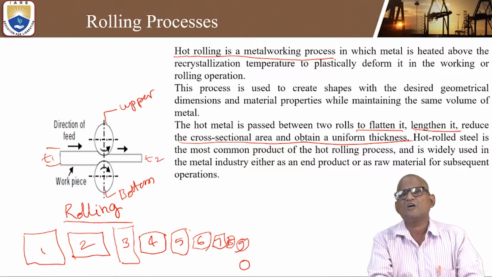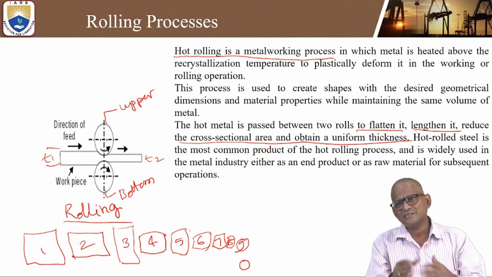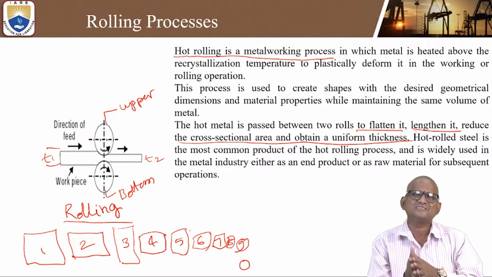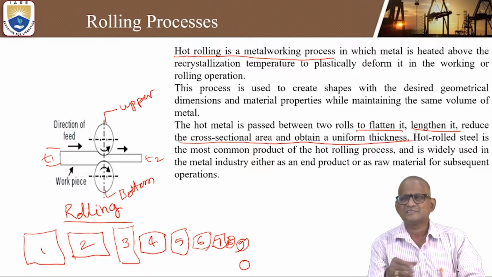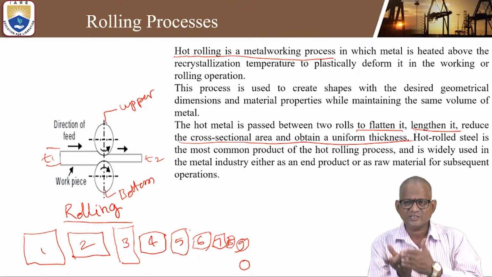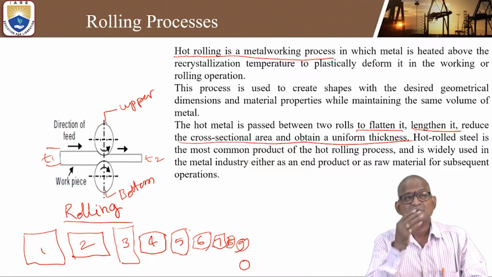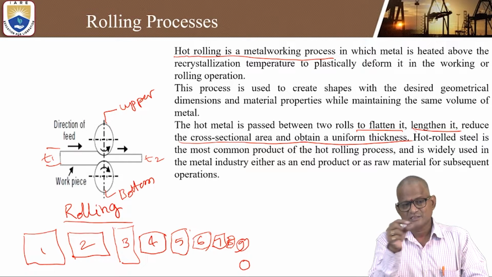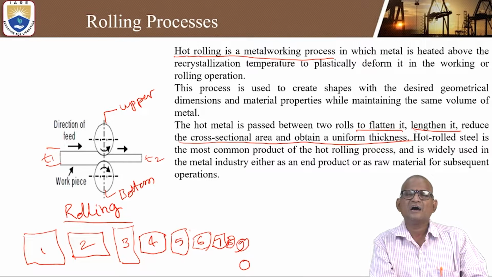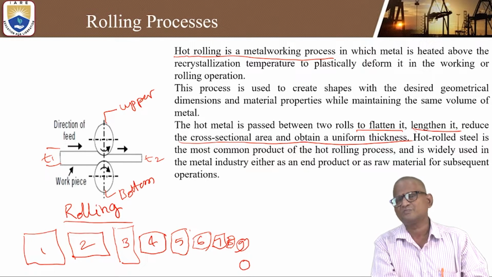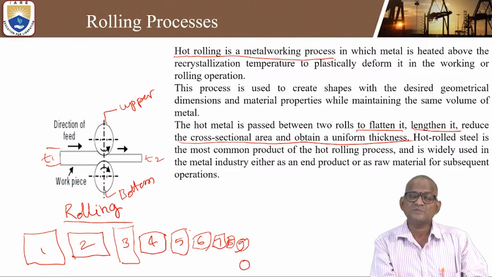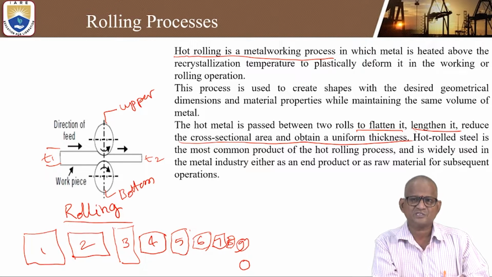So this is the hot rolling process. In general, materials such as steels, cast iron and some ferrous metals are widely used to convert into this type of steel, especially for the construction field. Steels are made by this rolling process, and some ceramic pipes can also be made by hot rolling.